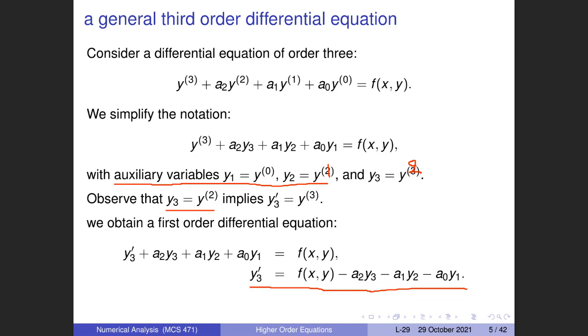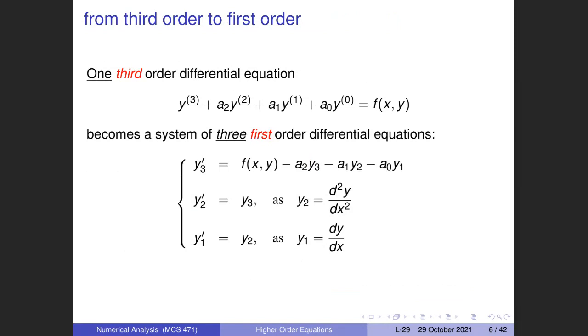All right, we have one equation, of first order, but we now have 3 variables. How do we turn this into a system? We remember the definitions. We remember that y1 is the derivative of the original equation.